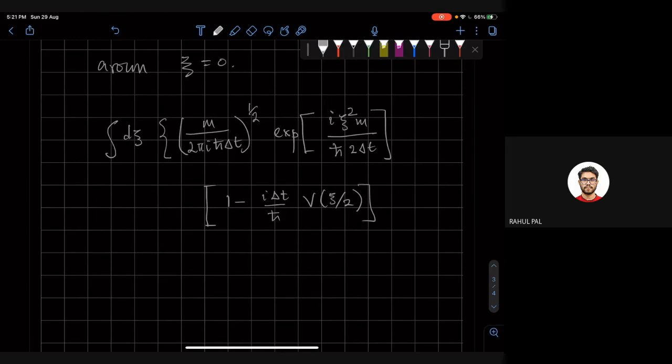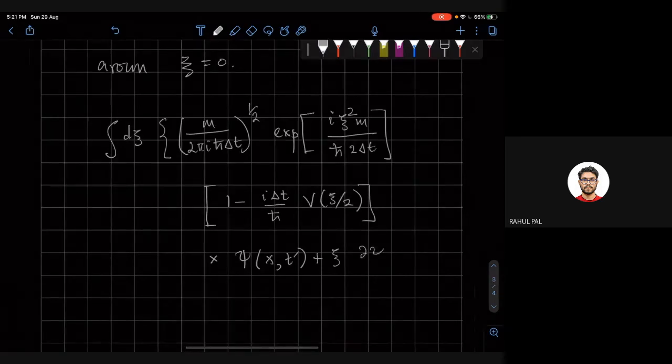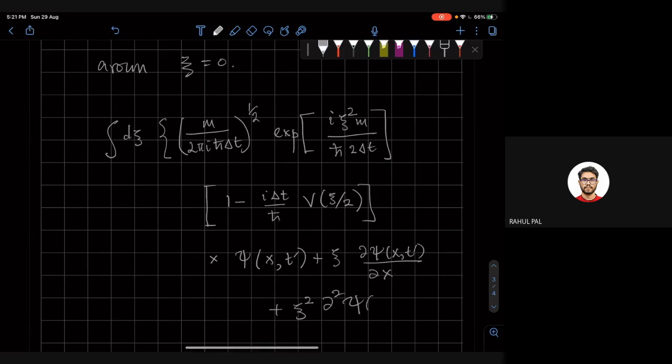And if I expand this, that thing will be psi of x and t prime plus psi d psi x t prime by d of x, then psi squared del squared psi x of t prime del x squared and higher order terms. Okay, so there are all these terms.